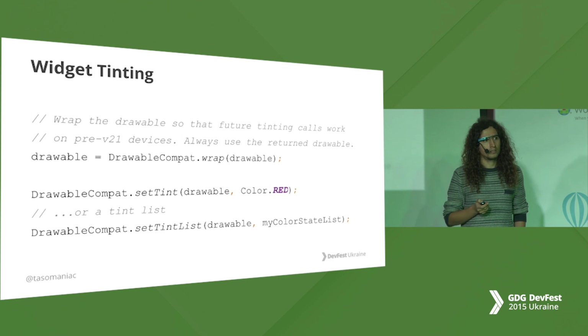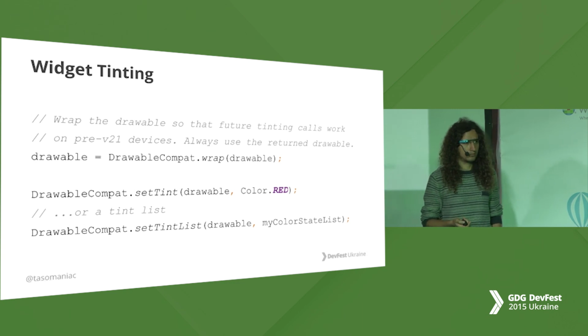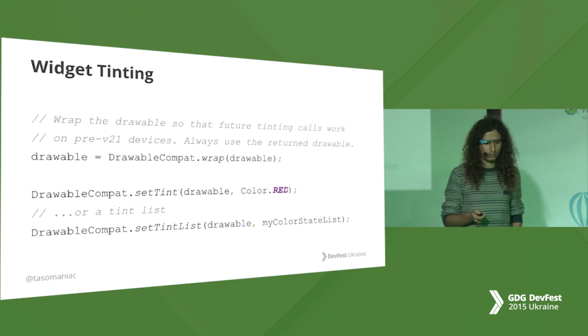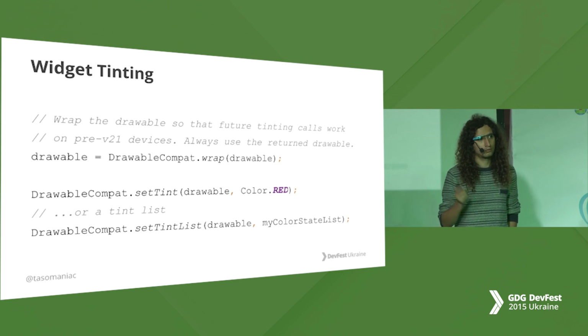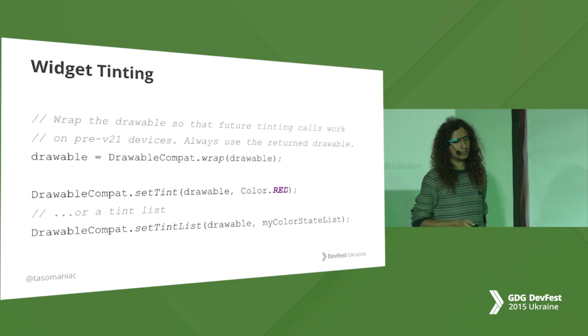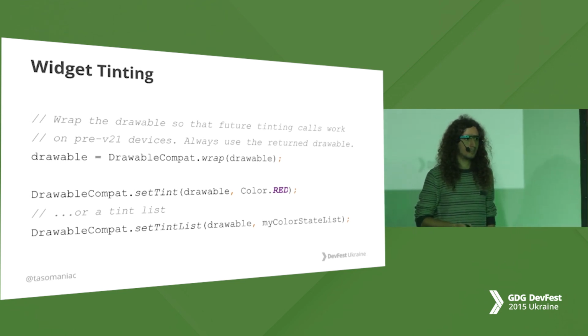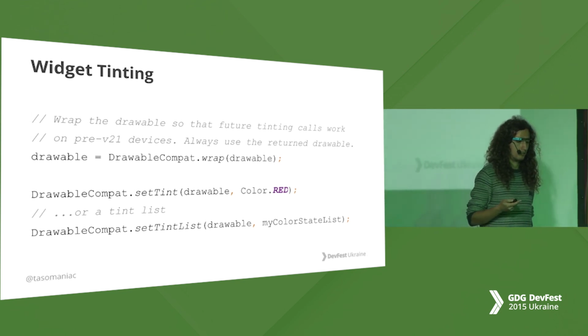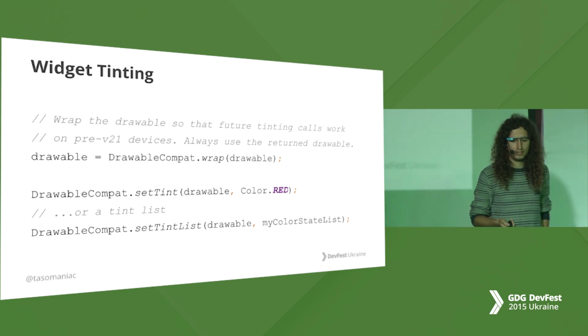One is not released yet, but it is Butterknife. I think most people are already using Jake Wharton's library Butterknife. In the upcoming version of Butterknife, they will have one line of code for widget tinting. You will just write tint and then give the color, that's all. The other option is to use data binding. Data binding is a really powerful library.